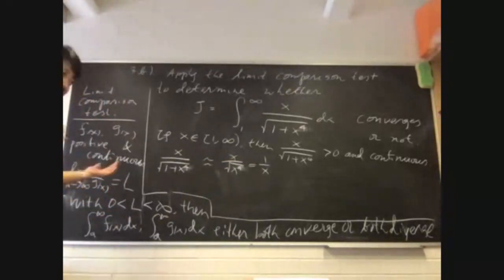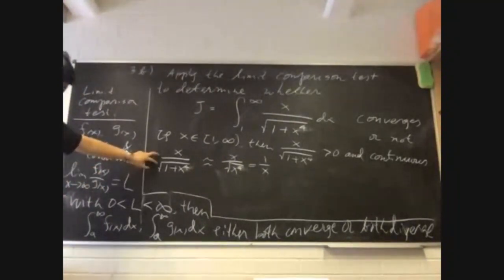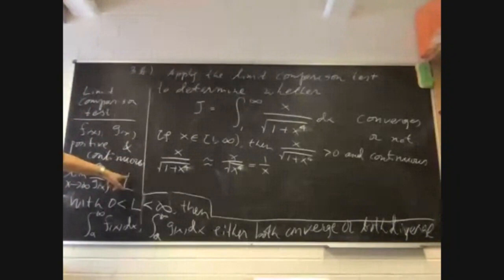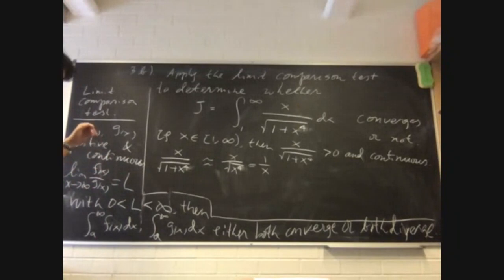That should already give you an inkling of what the other function should be. The other function should be, in some sense, very close to this function, because their ratio goes to a positive, finite constant, so they should be very similar when x is very large.